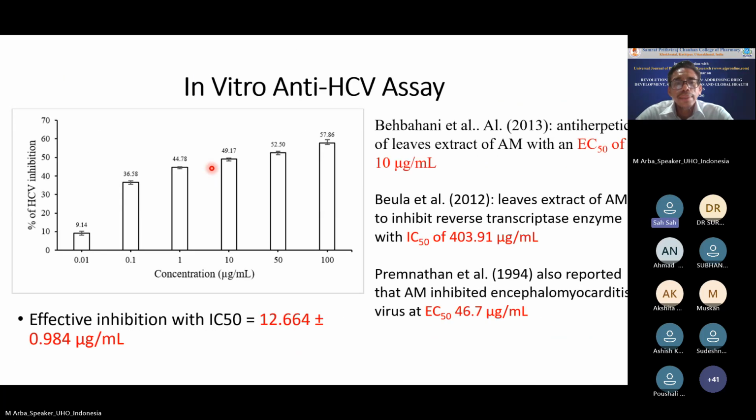And then next we performed an in vitro anti-HCV assay, and we obtained an IC50 for the extract of about 120.6 ppm. It is comparable with other studies like Behbahani in 2003, with an effective concentration of 10, Beula 2012 with 403, and Premnathan with an effective concentration of 46.